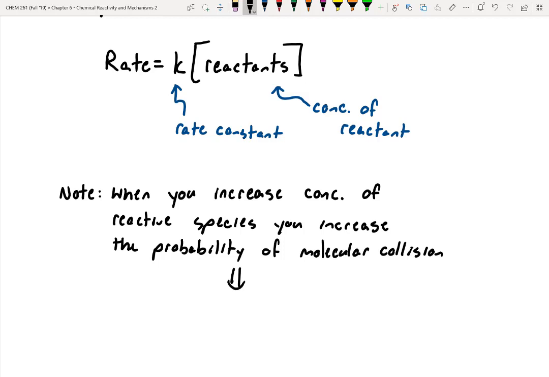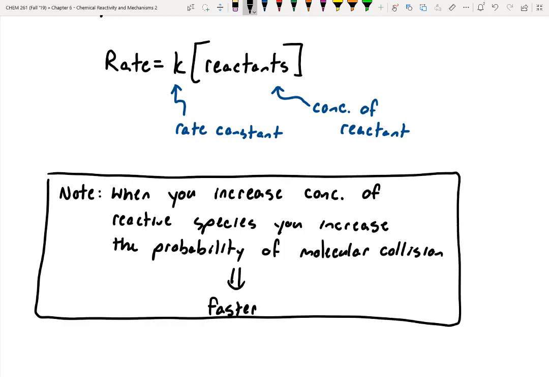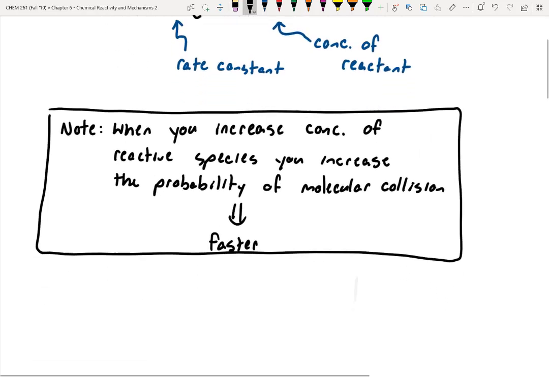When you increase that, you get a faster rate. So it's really important to think about this not in terms of a math equation, but conceptually what's occurring in the flask. You've got a bunch of molecules running around bumping into one another. Sometimes when they bump into each other with the right amount of energy and the right orientation, they'll react, right? So the increased probability of them bumping into one another will increase the reaction rate.